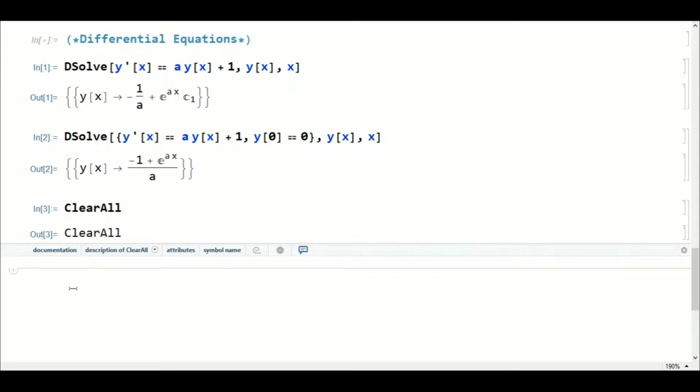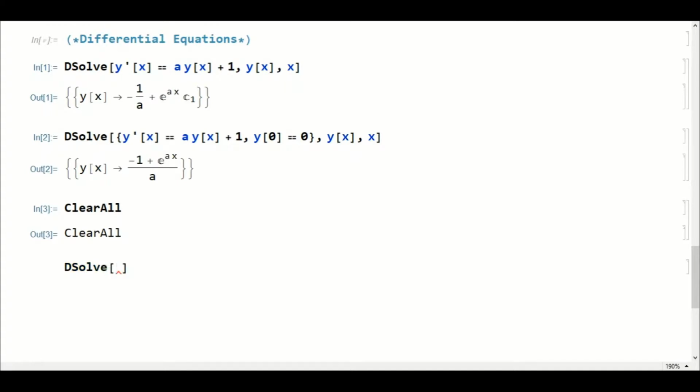Now suppose I want to use DSolve and I have two differential equations. Both of these differential equations will be written in this curly bracket: x'(t), so it is dx/dt, equal to y(t).